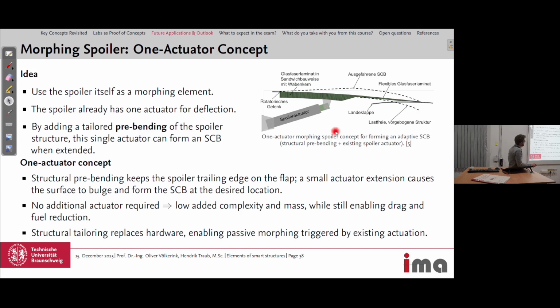The idea was to have this pre-bent surface and pull it in a bit so that it has the same geometry as the spoiler, so a smooth surface of the wing again. But if you slightly extend the actuator, it would get into the pre-bended shape again, and you get this bump.